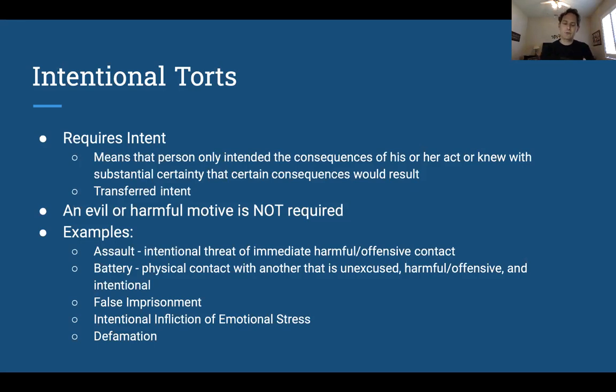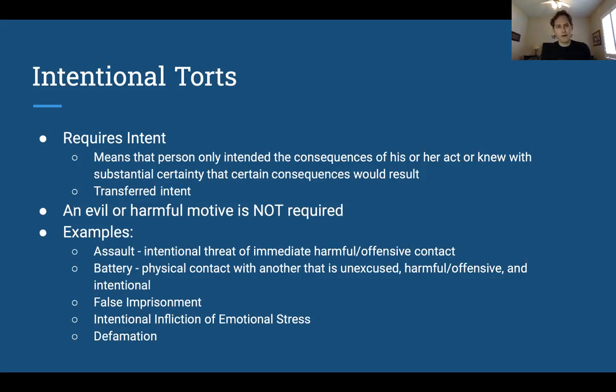Intentional torts, much like the name implies, means the person that committed the tort intended to do it. Whereas with negligence, they may not have intended the action, but their own carelessness, negligence, allowed a harm to be done.